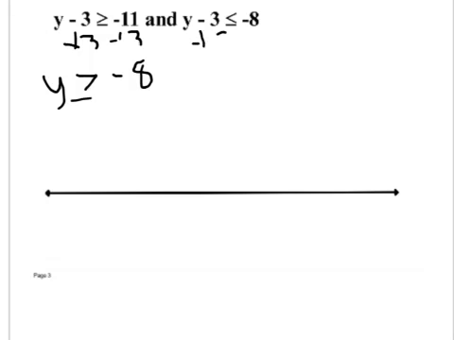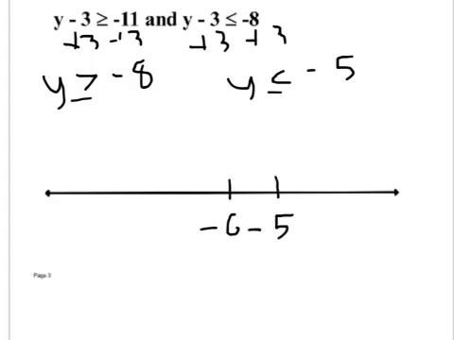I solve this one where I add 3 to both sides. That gives me y is less than or equal to -5. So what I do is I graph these points, -5, -6, -7, -8. It says y is greater than or equal to -8, so it's a closed circle around -8.